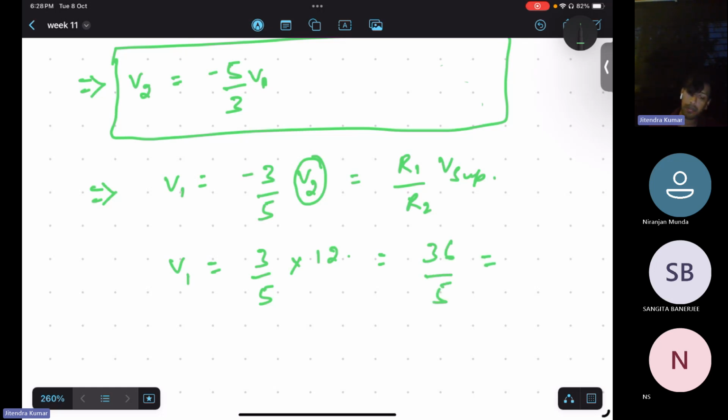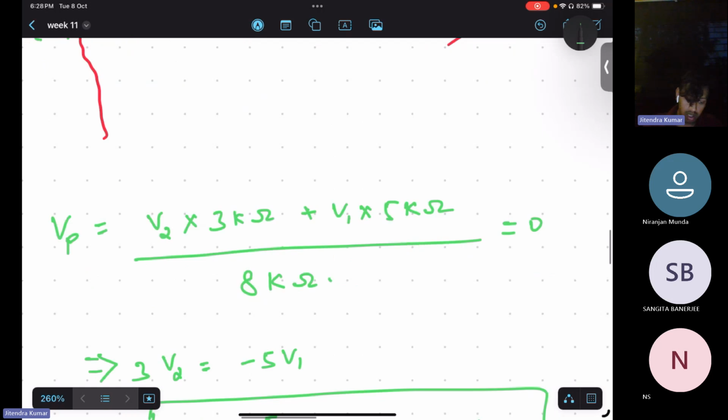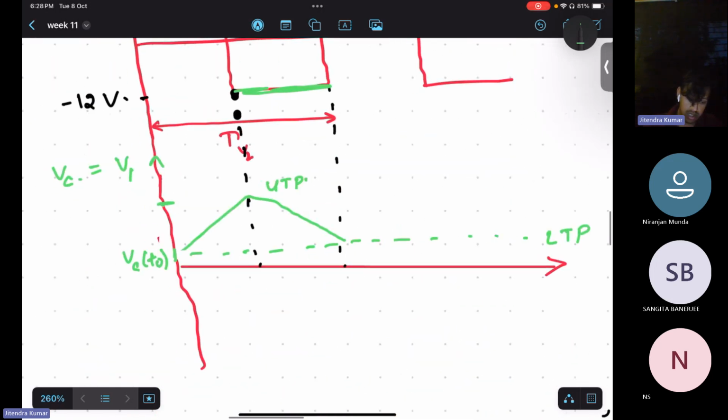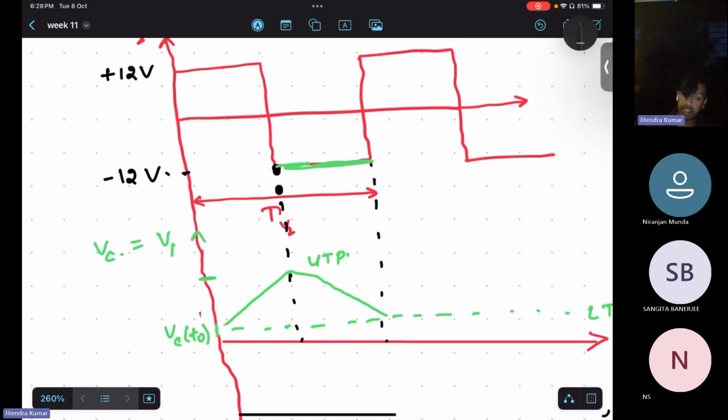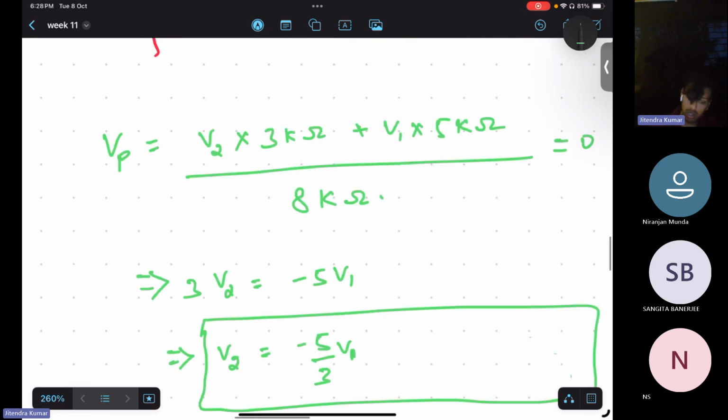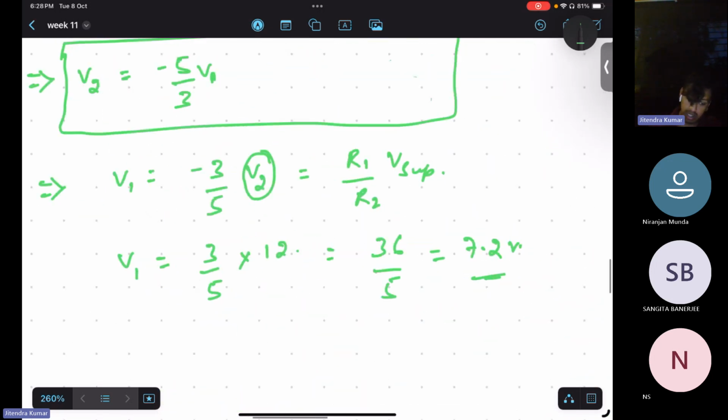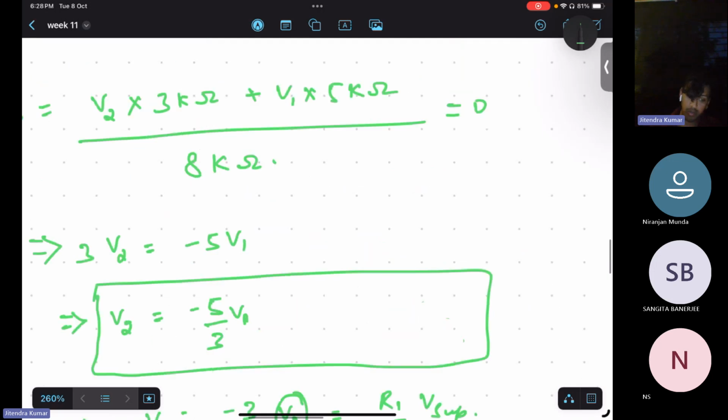So that will be 7.2 volt. So that is the value of V1. If we are considering minus 12 volt, the peak value of V1 will be 7.2 volt.